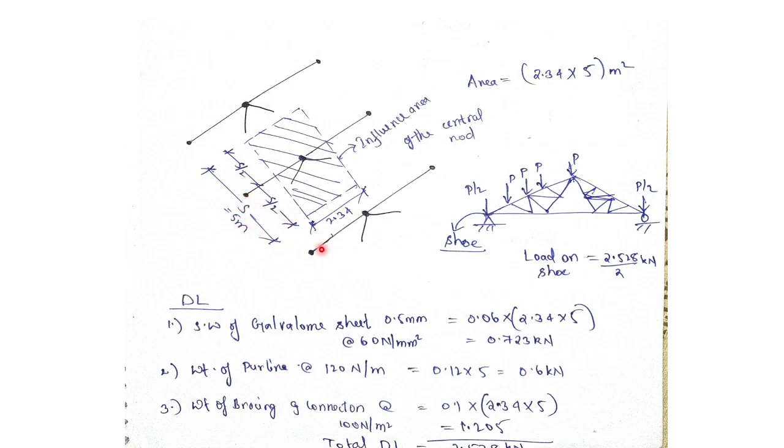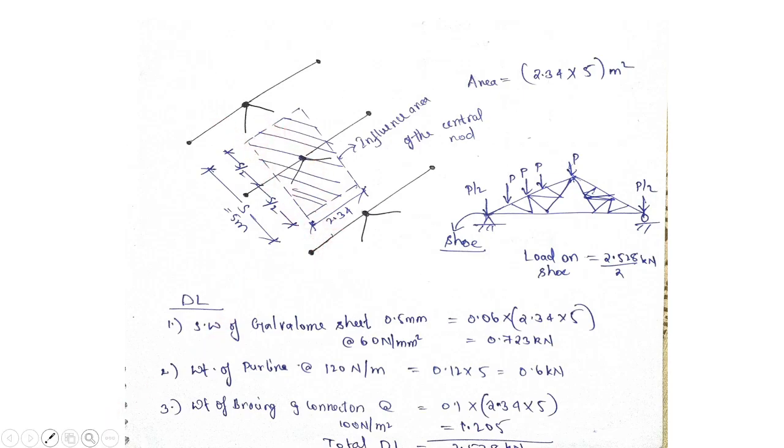So for me it's 5 meter and this is 2.34 meter. So that is the influence area of the central node, not the end nodes.